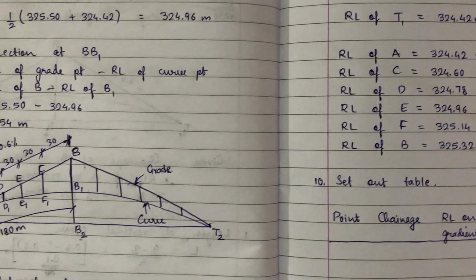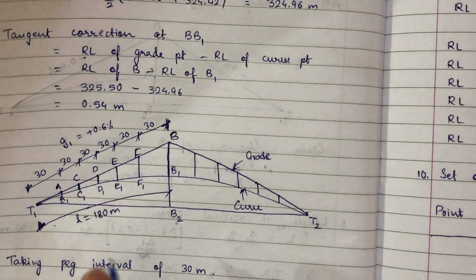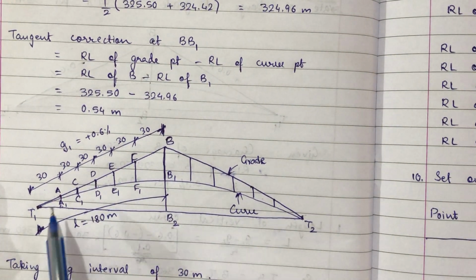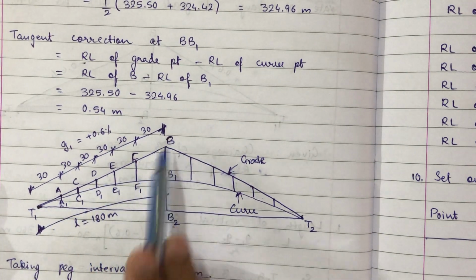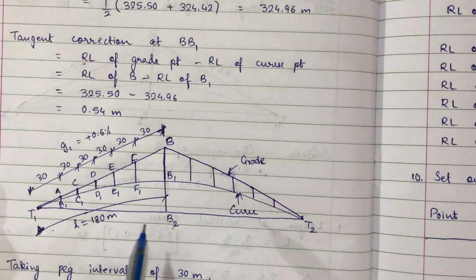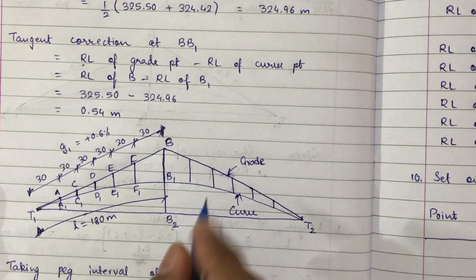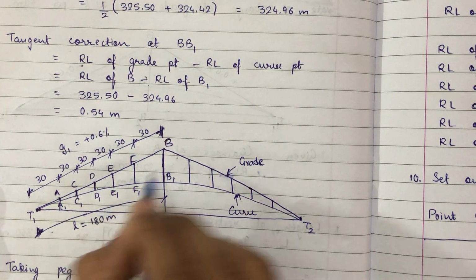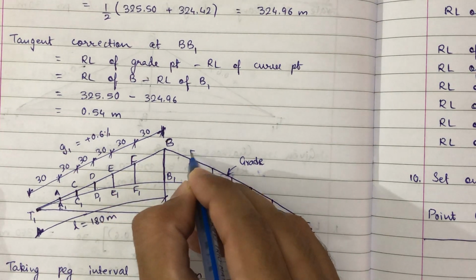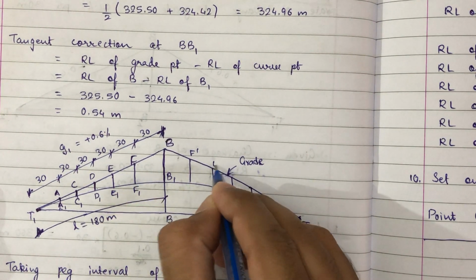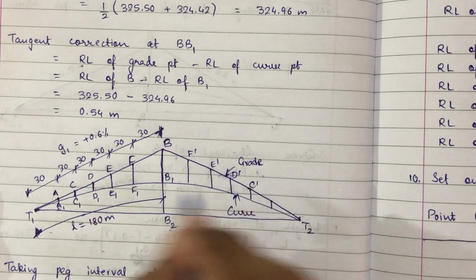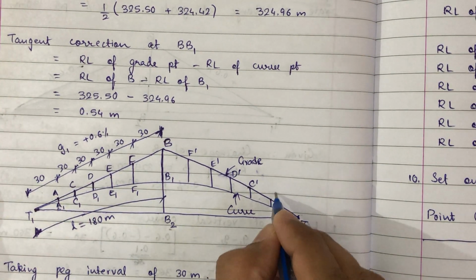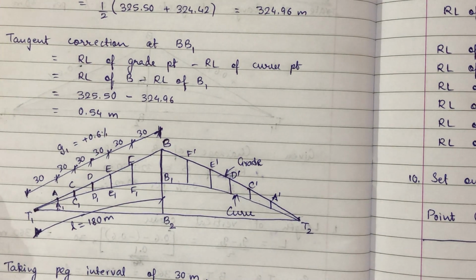Now here we can see that the points that we have taken are T1, A, C, D, E, F, B. And if we go downwards also, we can mark these points: if this is F, let this be F dash. This is E, let this be E dash. This is D, D dash. C, C dash. A, A dash. And this is T2.